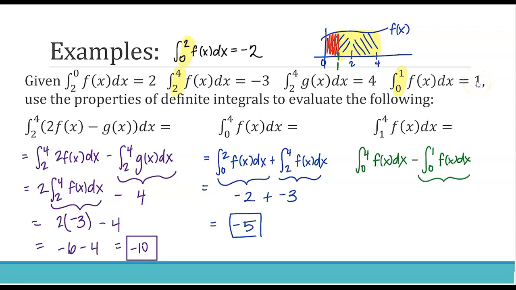So this piece was given as positive 1, and then we found the integral from 0 to 4 in part B, so we're going to use that value. That's -5. So -5 minus 1 is -6. So this wasn't the correct graph for f of x, but it was enough to help understand the concept of how we're going to use the given pieces of information to rewrite these using the properties of definite integrals.